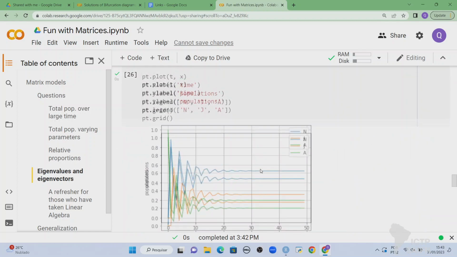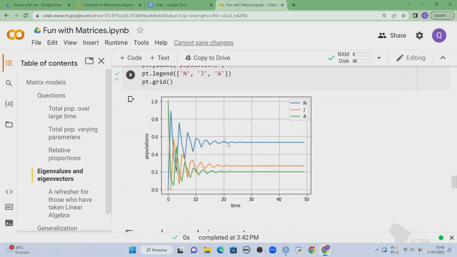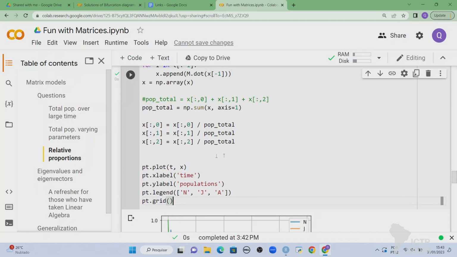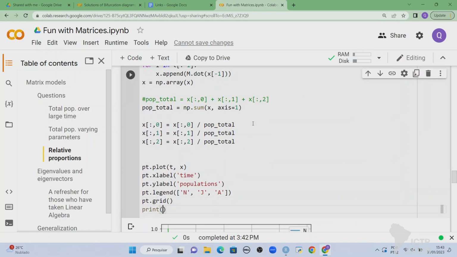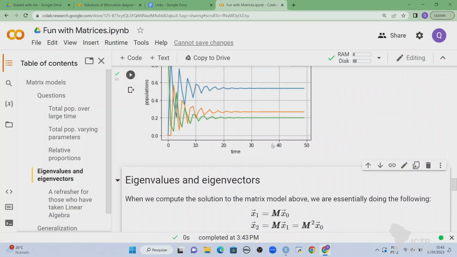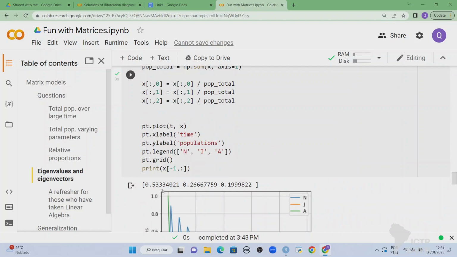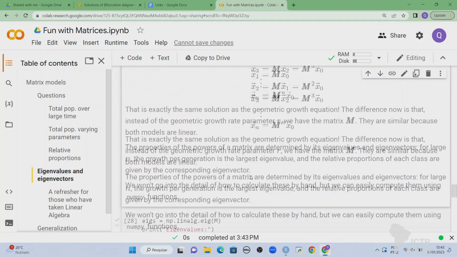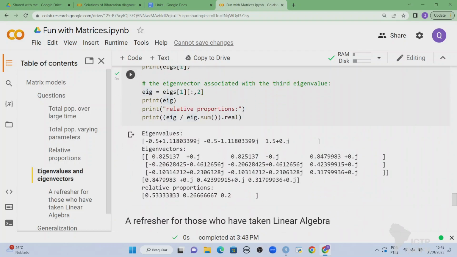I didn't print the proportions here, so let me print the proportions, the last line. What were the proportions after a long time? 0.53, 0.26, 0.2.